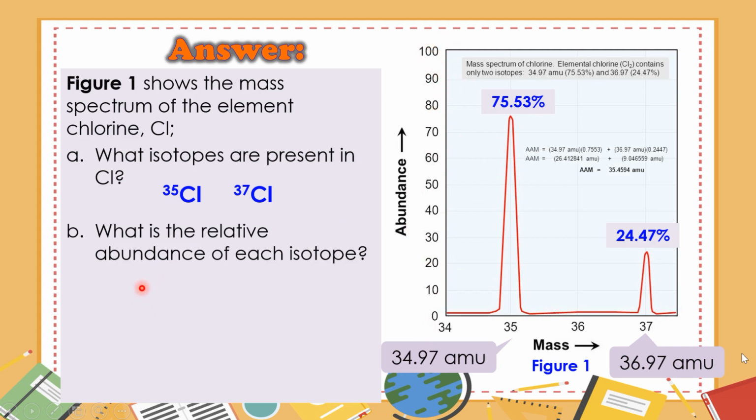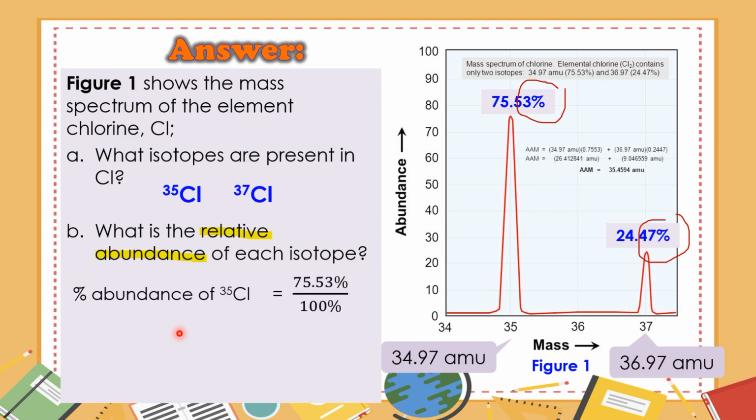However, for the second question, what is the relative abundance? Relative abundance here means in the form of a ratio. In the question given to you, it is in the form of percentage. So we want to convert from percentage to ratio.